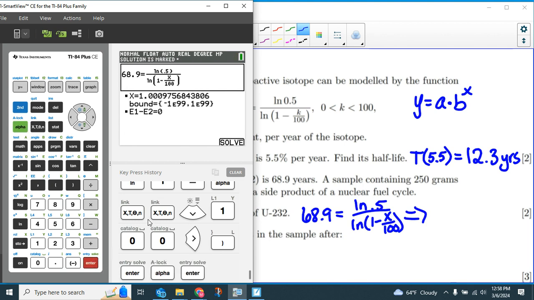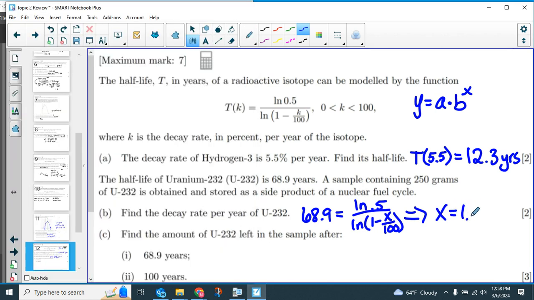All right, so 1.0009. To 3 sig figs, 1.00. Yeah, for that, absolutely.